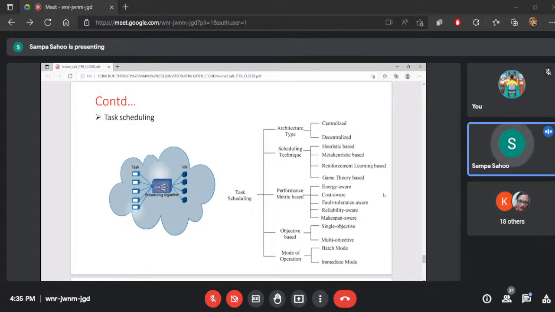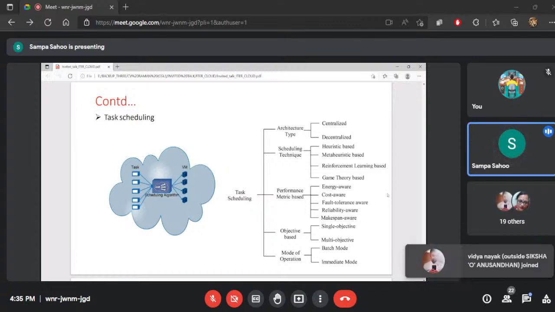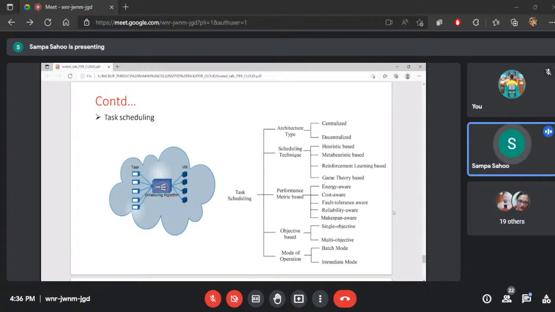If you consider the performance metric for task scheduling, it can be energy aware, meaning the main focus of the algorithm is to reduce energy. Similarly, cost aware means the main focus is to reduce the overall cost. Then it can be fault tolerance aware, reliability aware, or makespan aware. Depending on performance, this type of scheduling algorithm can be designed.